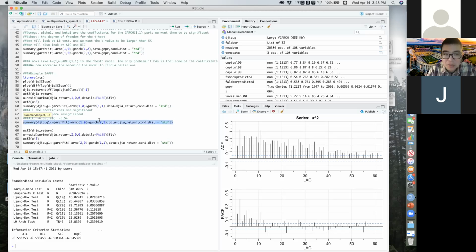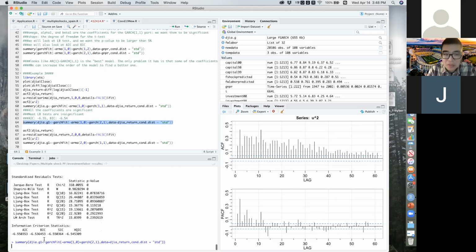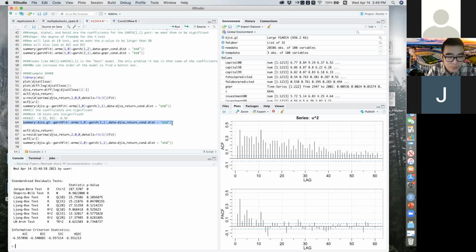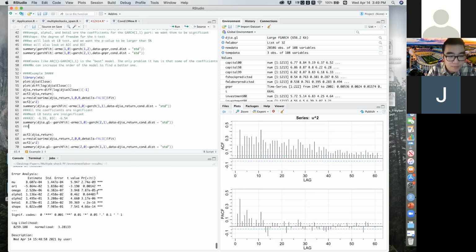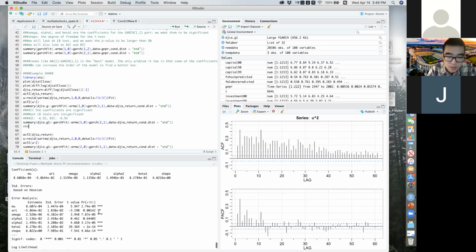Well, then how about increasing the GARCH model a little bit to see if I can get some improvements here. This is what I got. It looks like one of the coefficients becomes statistically insignificant. And how about the LB test?